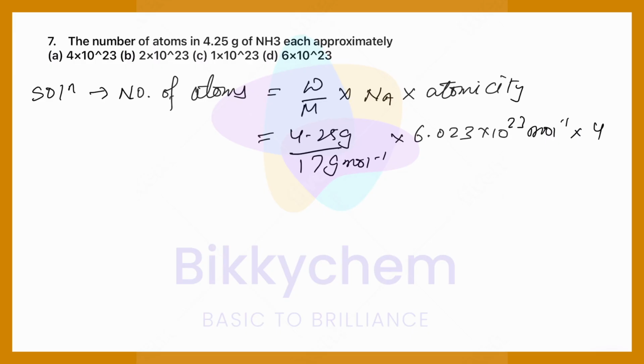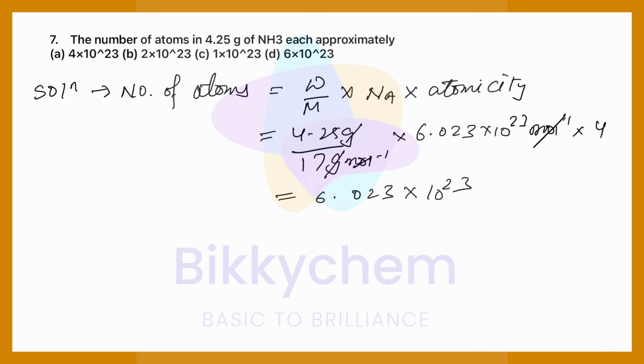So this mole cancels, so altogether we'll get the answer. So option is D.